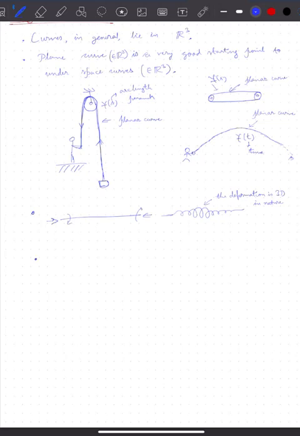Okay, so a plane curve is determined, of course up to isometry, by the curvature function.